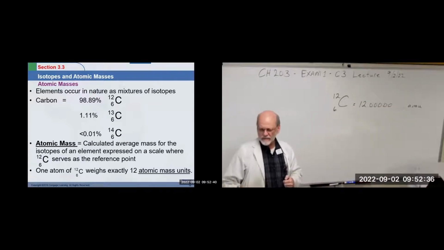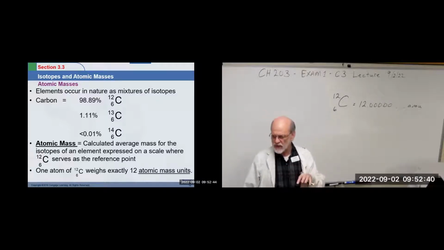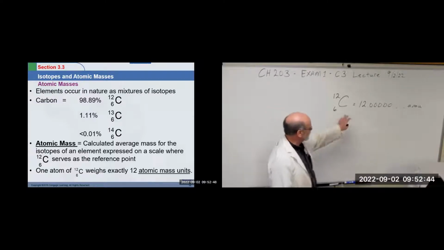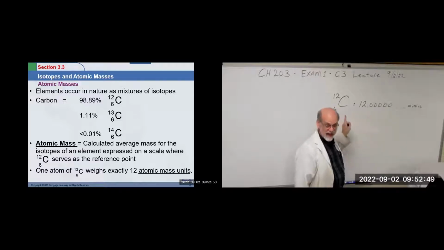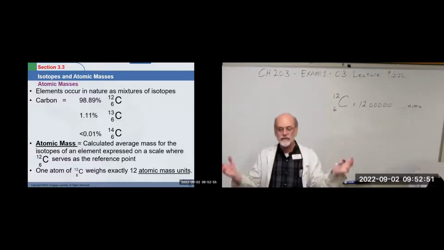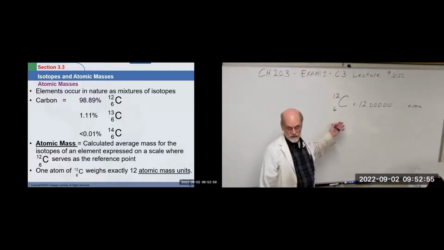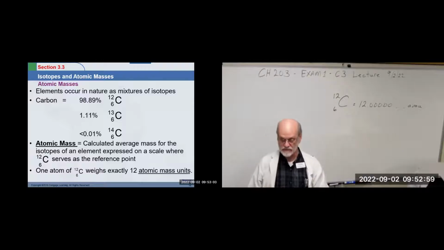Okay? The atomic mass unit is something close to the mass of a proton, but it's not exact. But that's our reference point, right? Infinite number of zeros, that's our reference for that isotope. Right? Everything is referenced to that. So all other isotopes, even other isotopes of carbon, will have a different atomic mass.